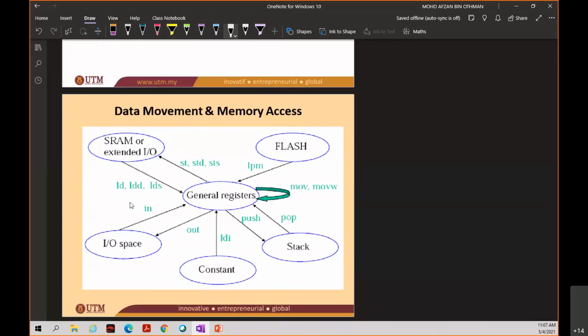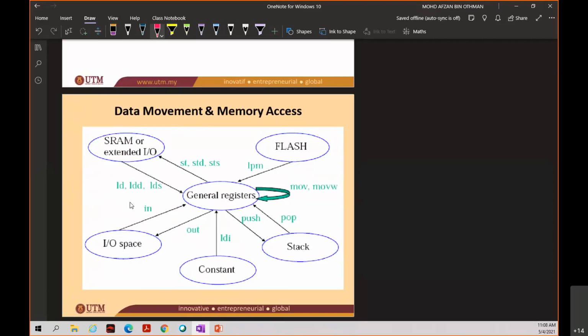You are going to use this data to move from one component to another. Here in the middle of this figure, this is your general purpose register, and then you have flash, SRAM, and IO space, which is your IO registers, and then you have a constant number and stack.